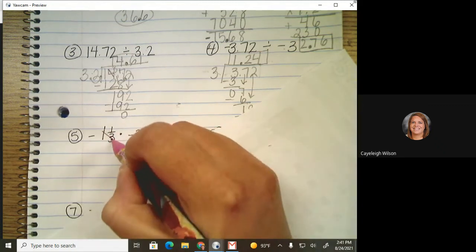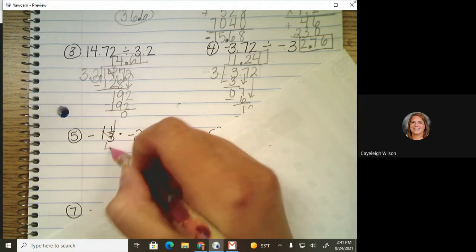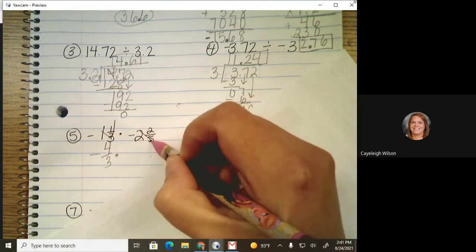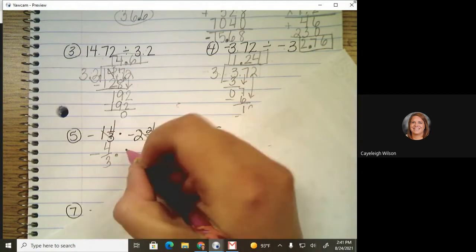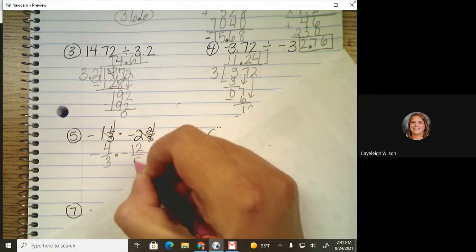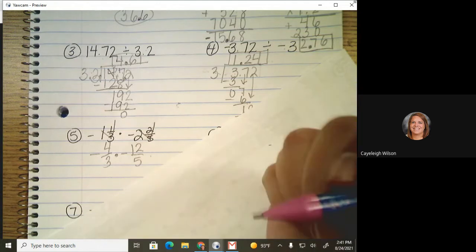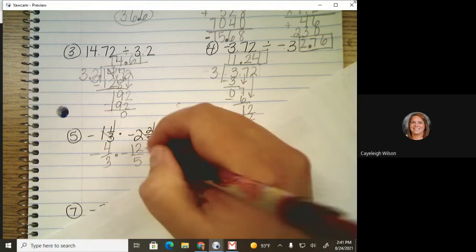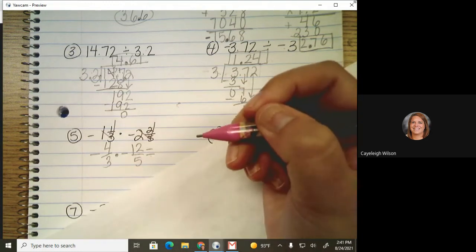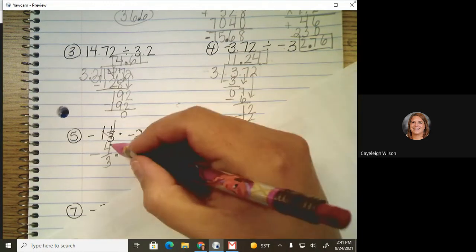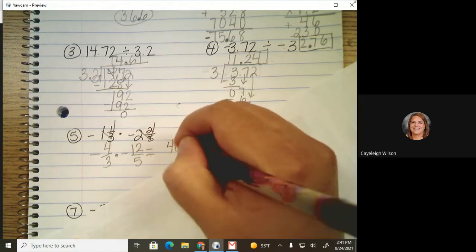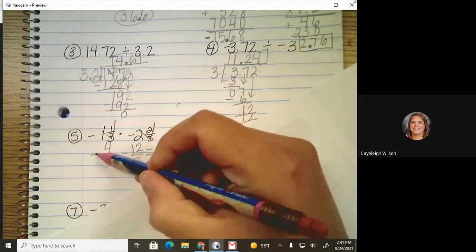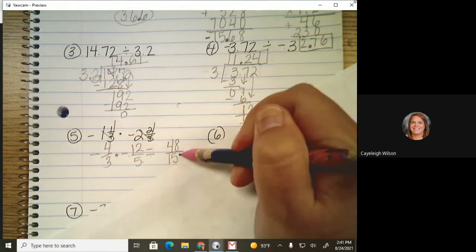So 1 times 3 is 3, plus 1 is 4. 2 times 5 is 10, plus 2 is 12. And I do not need a common denominator. Okay? After that, I just multiply straight across the top, straight across the bottom. So 4 times 12 is 48. 3 times 5 is 15. A negative times a negative is a positive.